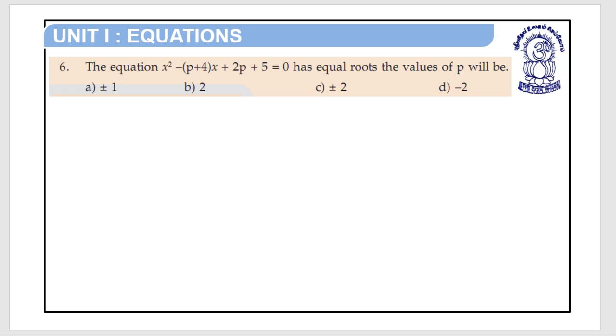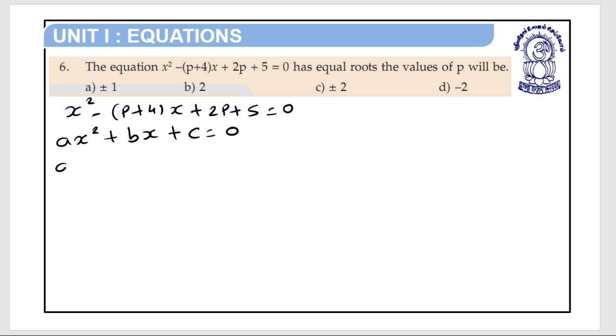The equation x square minus p plus 4 x plus 2p plus 5 is equal to 0 has equal roots. The value of p will be... Here x square minus p plus 4 x plus 2p plus 5 is equal to 0. Compared with ax square plus bx plus c is equal to 0, a is equal to 1, b is equal to minus p plus 4 and c is equal to 2p plus 5.